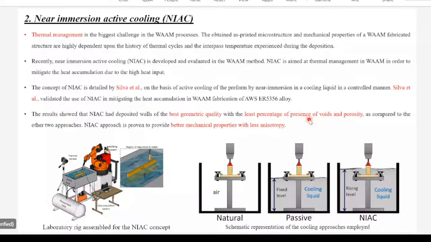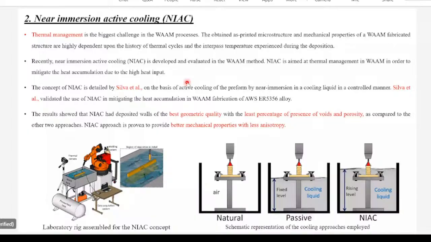So the NIAC approach is proven to provide better mechanical properties with less anisotropy. This is also a good solution if the thermal gradients are too high, to increase the mechanical properties and reduce the level of porosity.